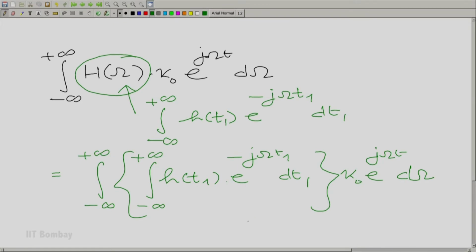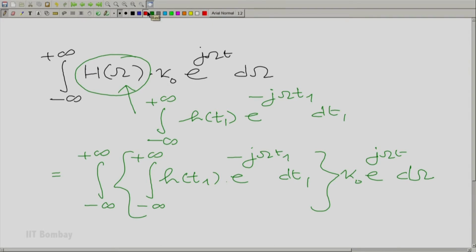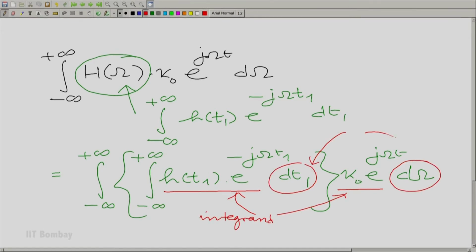So, we have a double integral now. Now, you see, in this double integral, we will first put the whole integrand together, and then we will see if we can do a little bit of rearrangement. Can we exchange the order of the integral and see something in it? So, the first thing is, let us aggregate the integrand. So, all this is the integrand, this and this together forms the integrand, and these are the elements here of integration.